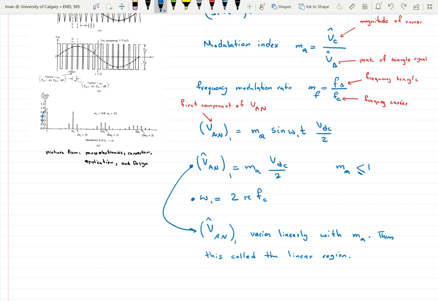It has a first order harmonic, which is the sinusoidal voltage here, and then it has some harmonics at its switching frequency and its sidebands, right? So the inverter output voltage appears at sidebands, which are centered around its switching frequency, which is, for example, MF.